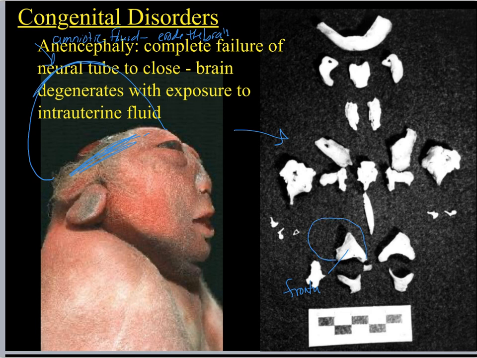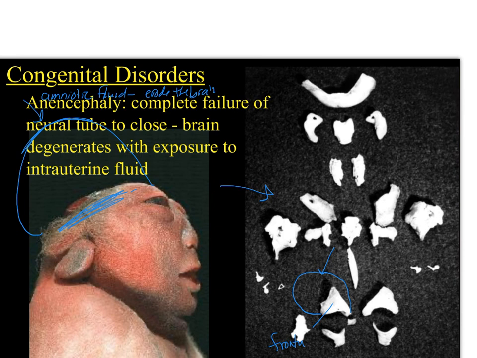So you can see that with the amniotic fluid coming in, it eroded all of that. Up here, this is not a mandible. This is the occipital. Okay, so this is your occipital bone, and obviously, this is where it should be right here. All right, I think I have one more horrific picture to show you.